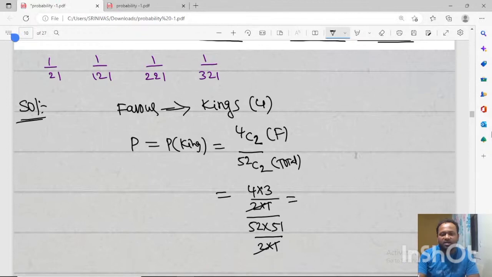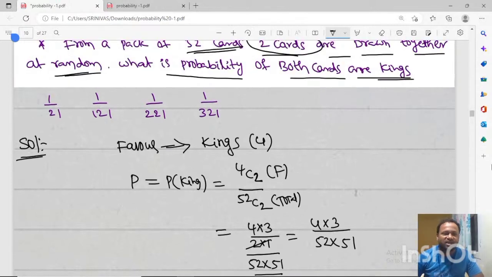So here 4 into 3 divided by 52 into 51. You can cancel and check the answer among the 4 options. One option will be there. You cancel it and check.